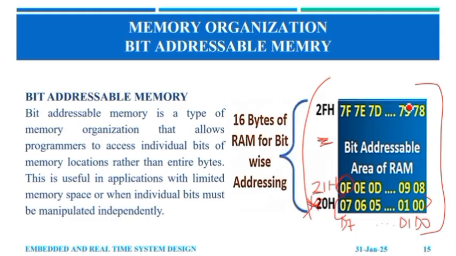It's a type of memory organization that allows programmers to access individual bits of memory locations rather than the entire byte itself. It's also called bitwise addressing. You can also do bytewise addressing too.